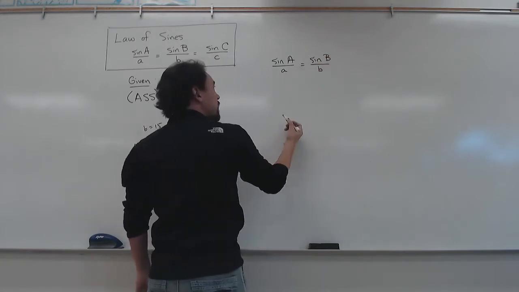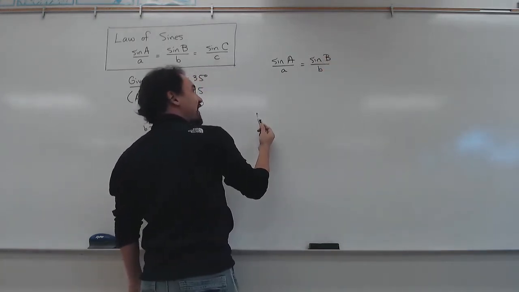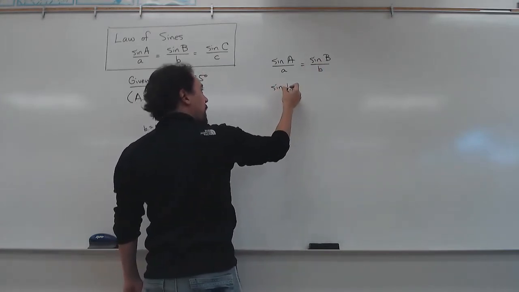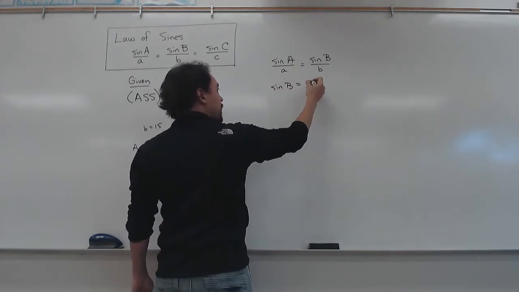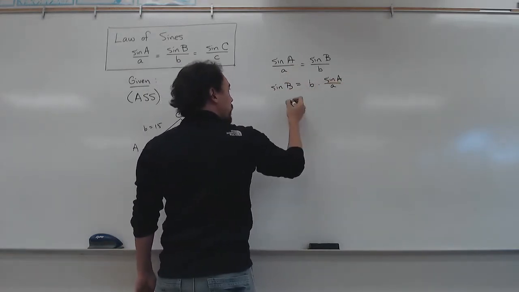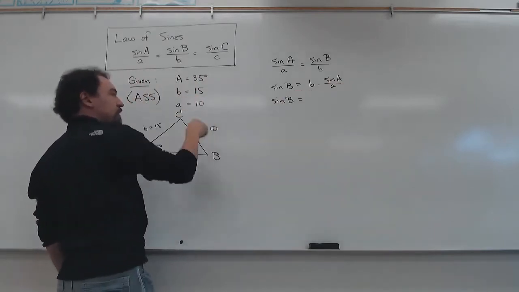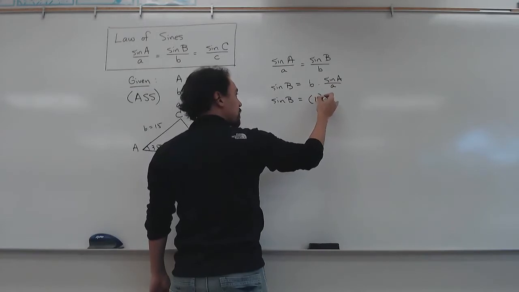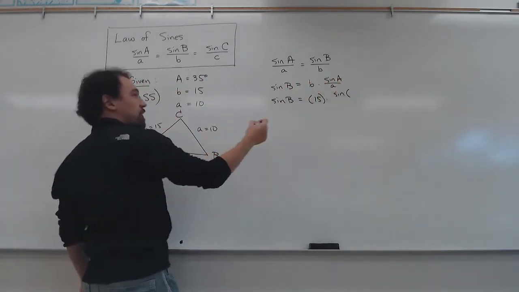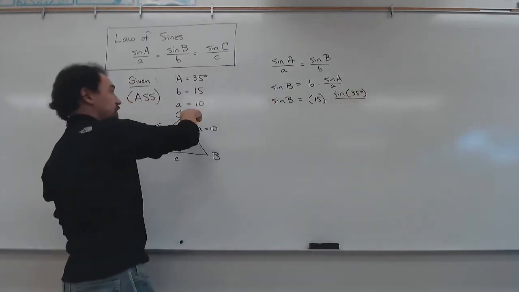The difference between last time and this time is that this time we're solving for a variable that's inside of the sine function. But if we isolate the sine function, we can say sine of capital B equals, multiply the b to the other side, which, if we substitute the values, lowercase b is 15, sine of capital A is 35 degrees, and then lowercase a is 10.